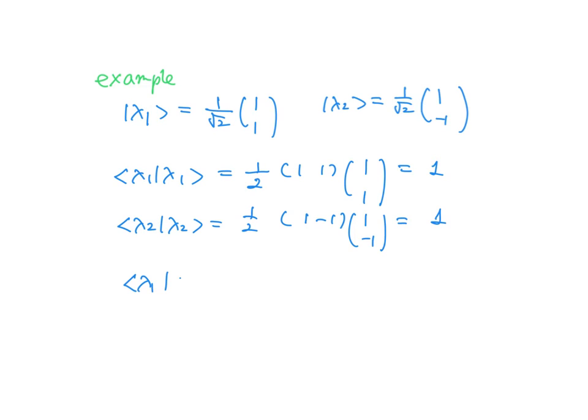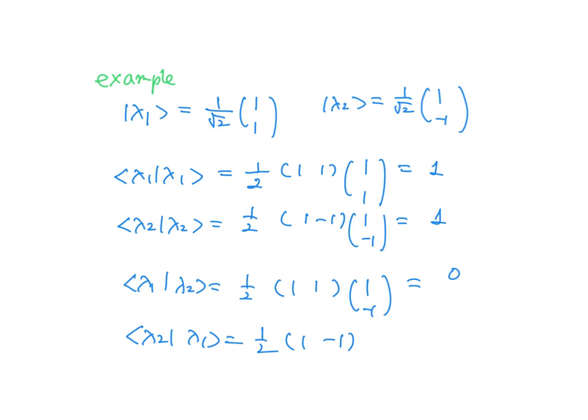Lambda 1 with lambda 2 is 1/2 times (1, 1) dot (1, minus 1), which is 0. We can interchange the order; lambda 2 with lambda 1 is again 0.